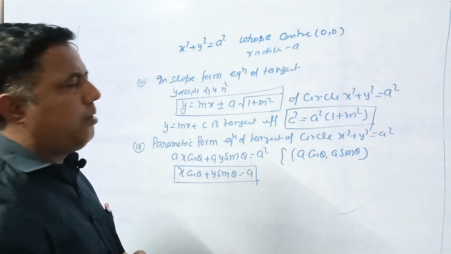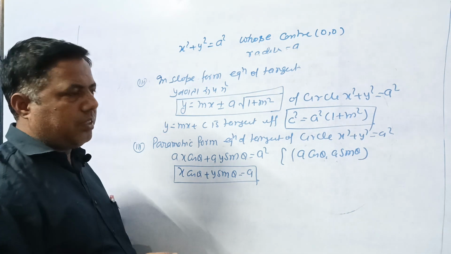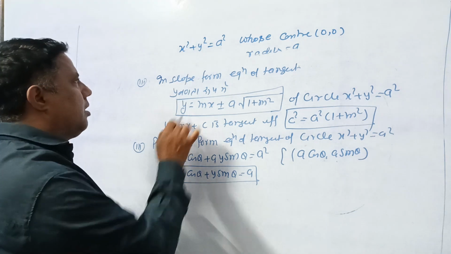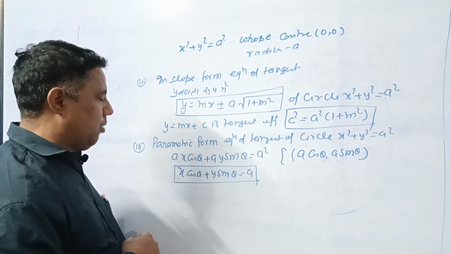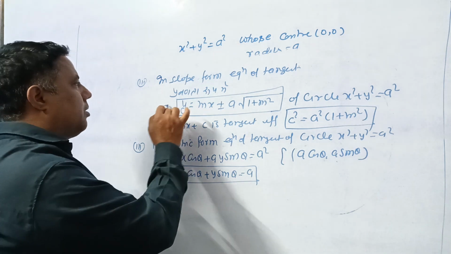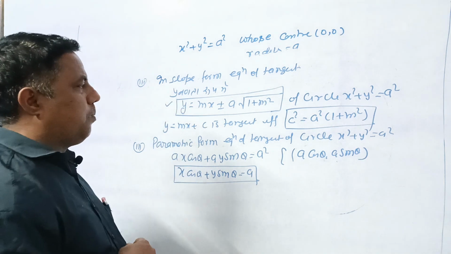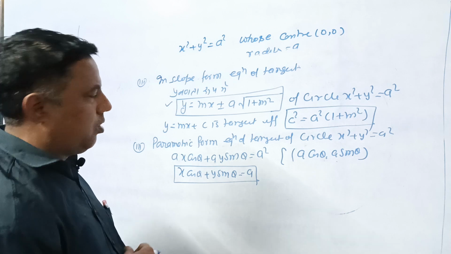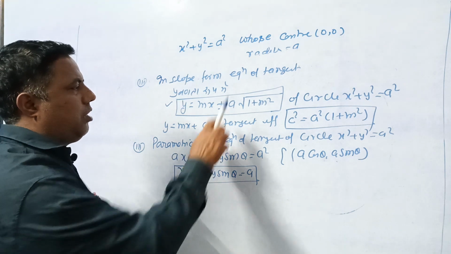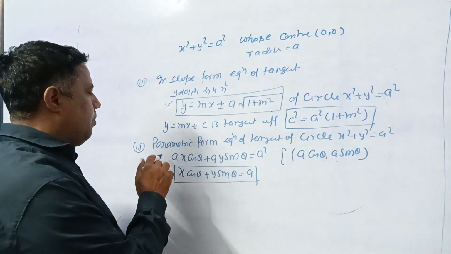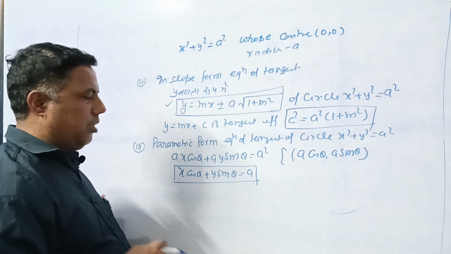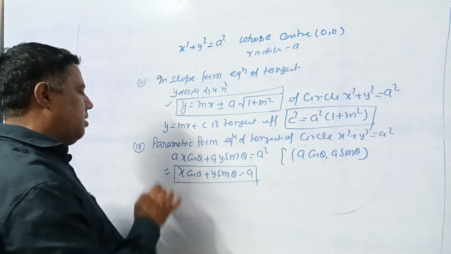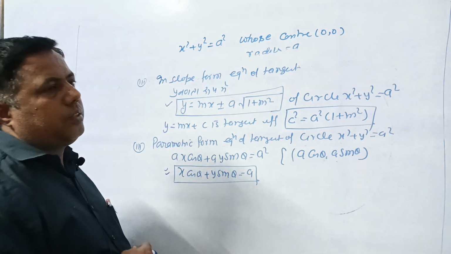With the help of the second, we try to prove the equation of the tangent of the circle x x1 plus y y1 equal to a square and the slope form y equal to mx plus a times square root of 1 plus m square. Also we find the condition in the form of a and m, and the parametric equation x cos theta plus y sin theta equal to a, which we discussed in our previous video.